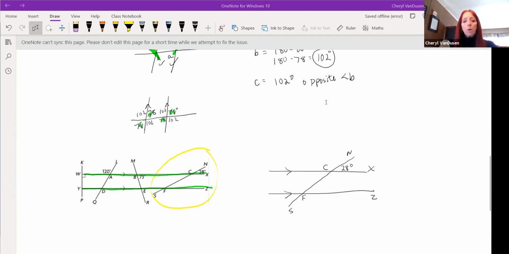Okay, so if I wanted to name this 28 degrees right here, I could name it by going N to C to X. 28 degrees is between N to C to X. So we could name this, and I don't think this comes up a lot, but it's really good information for any other math that you're doing.